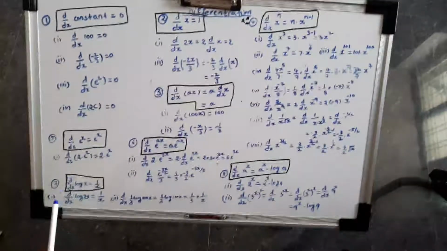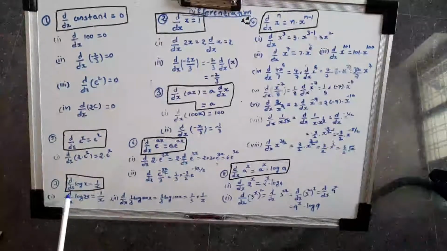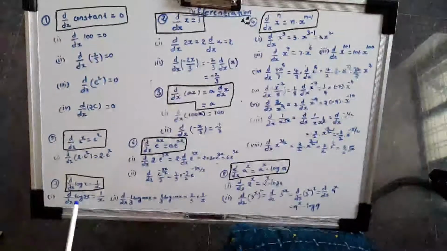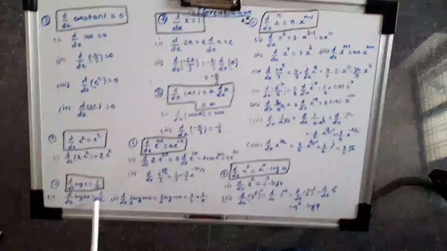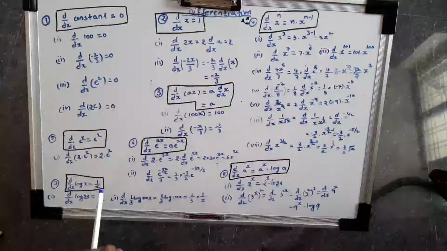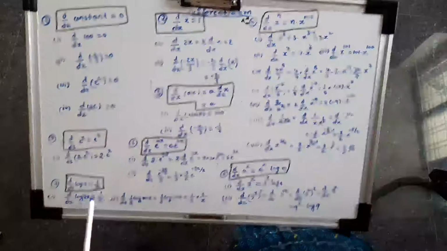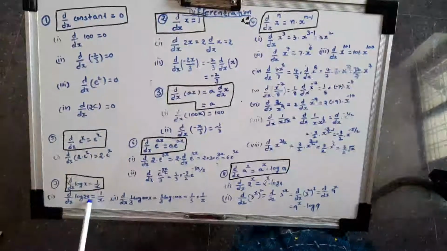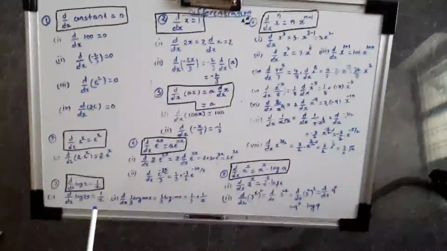Seventh problem: the derivative of log x is equal to 1 by x. Remember this formula, very important. The derivative of log of any value like 100x is 1 by x only. The derivative of log 1000x is also 1 by x only. This formula will not change. After log you can take any value, but if the power of x is only 1, whether 100x or 1000x, it will be 1 over x.